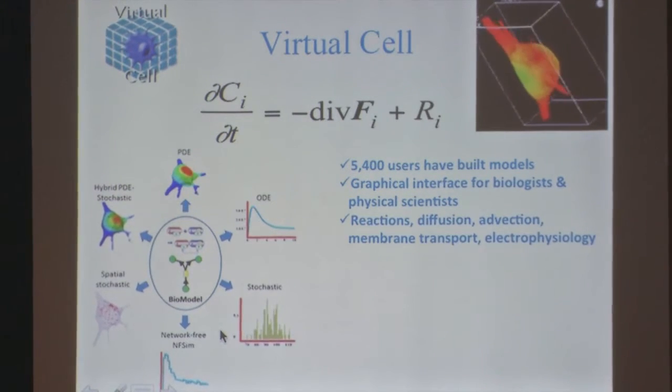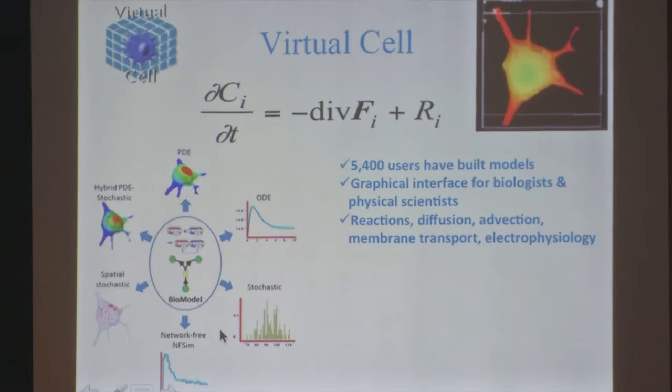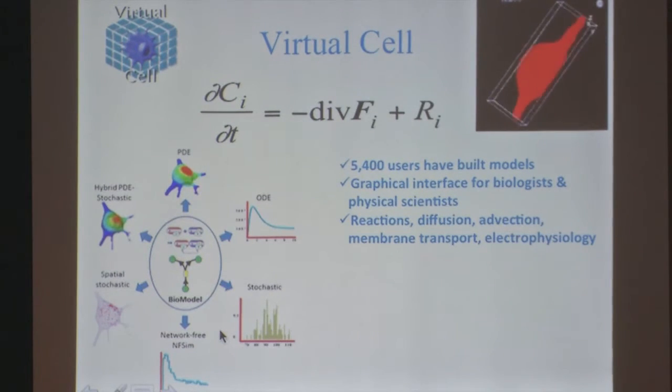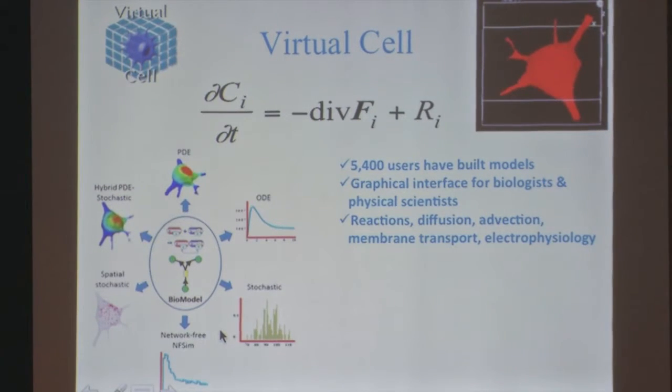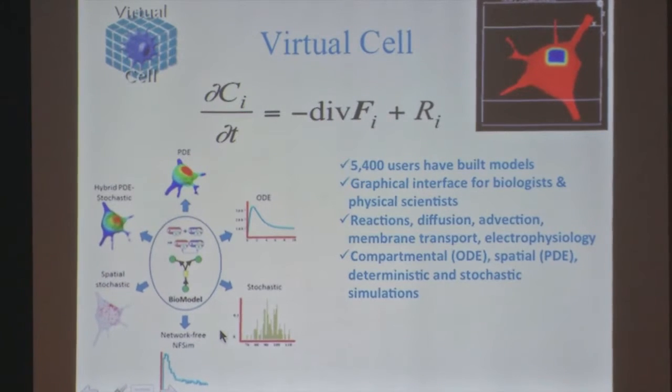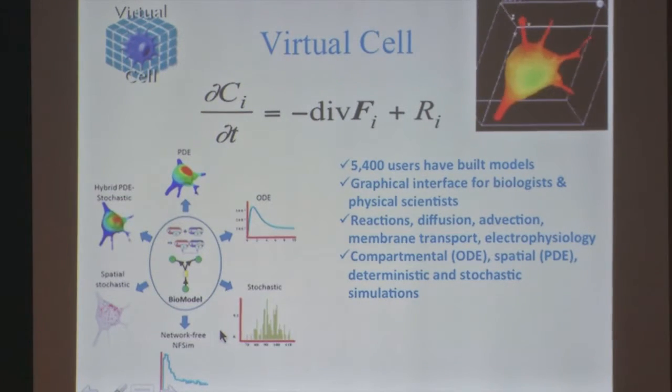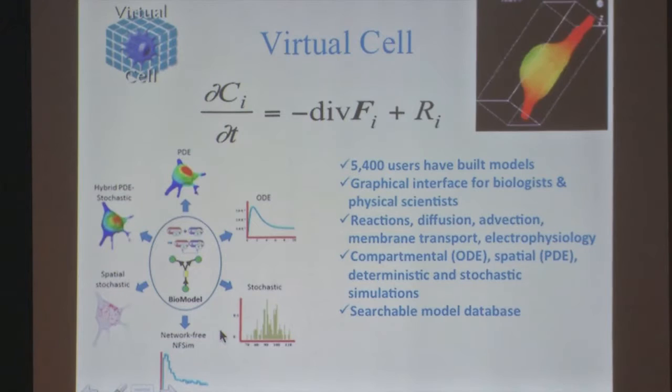It can deal with reactions, diffusion, advection, membrane transport, lateral diffusion on membranes, and even electrophysiology. So it can really integrate a lot of different kinds of mechanisms. And it has, as I mentioned, compartmental, ordinary differential equation solvers, spatial, partial differential equation solvers, and it can also do deterministic and stochastic simulations.